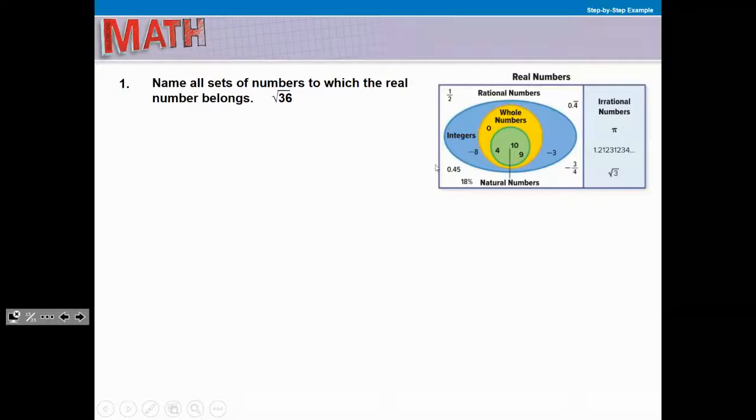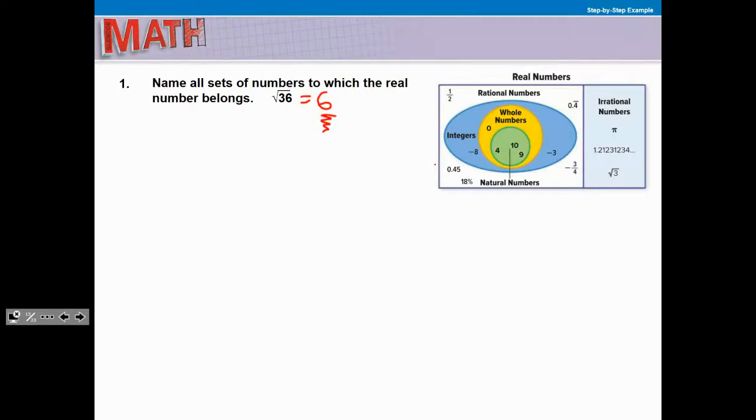Now, going on to another example. Name all sets of numbers to which the real number belongs. We have square root of 36. That looks like a perfect square to me. Because this actually equals 6, this is what we'll pay attention to when we classify it, the simplified version. So where would 6 fall?